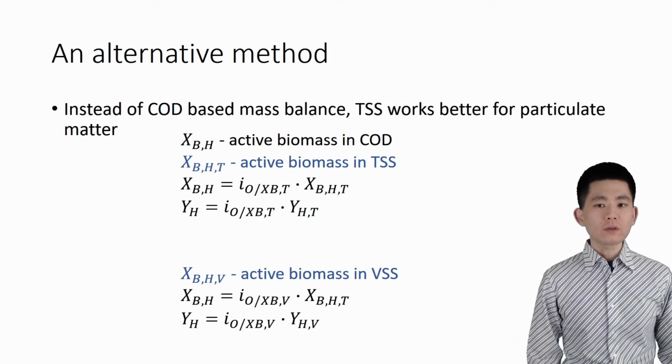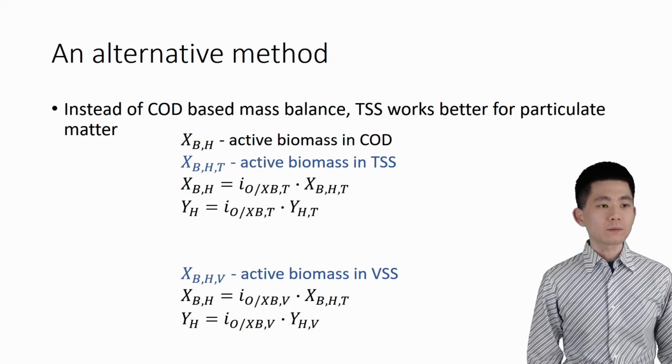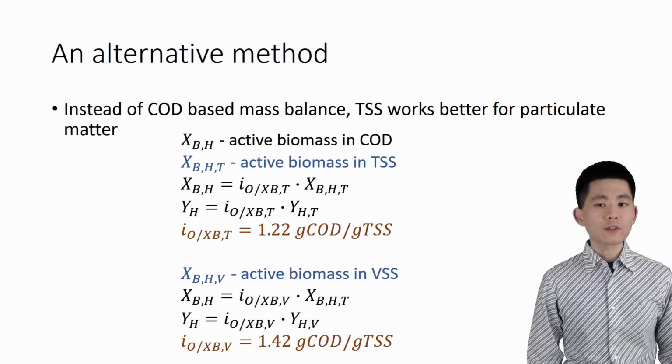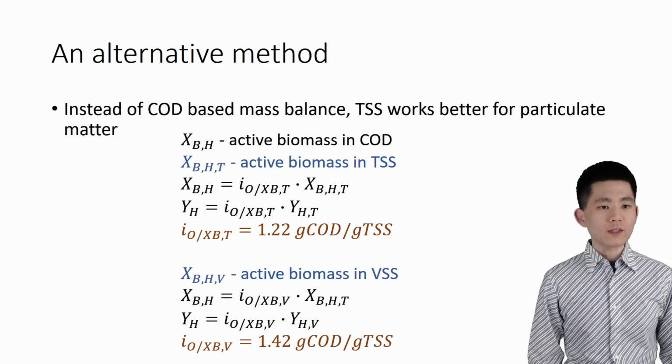Note that the yields will have a unit of gram TSS of biomass produced per gram COD of substrate consumed. Typically, iOXBT equals 1.22 grams of COD per gram of TSS, and iOXBV equals 1.4 gram of COD per gram of VSS.